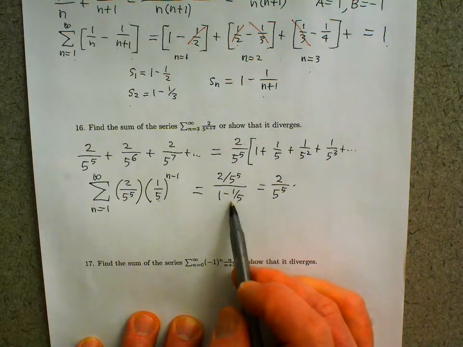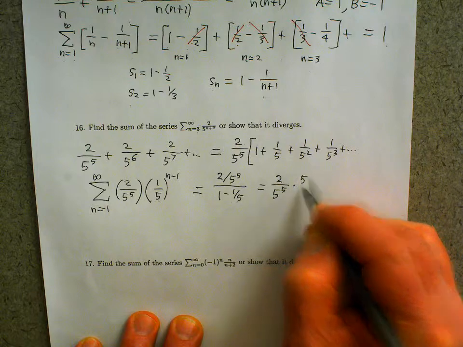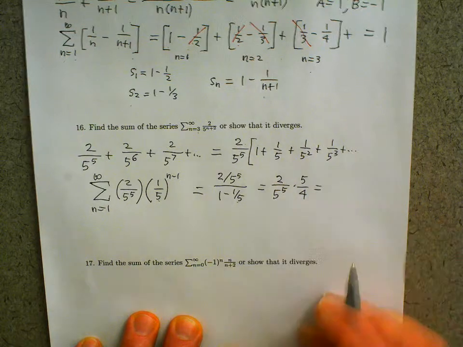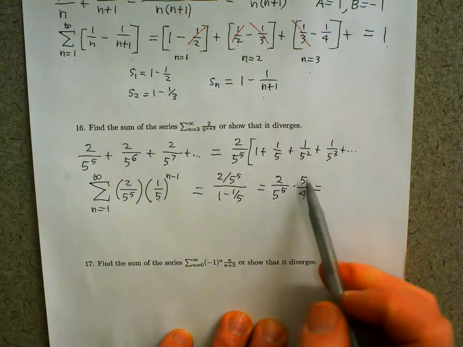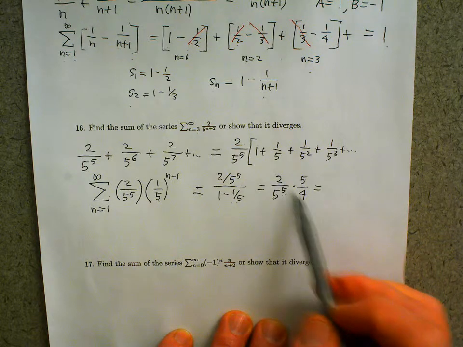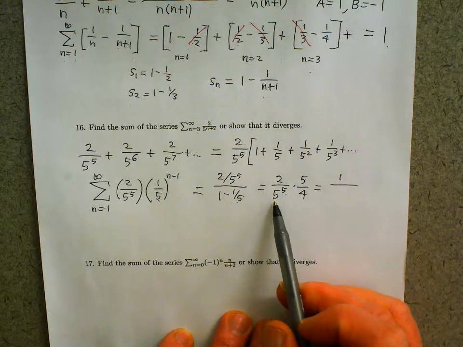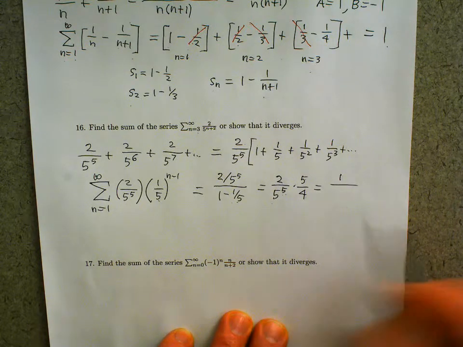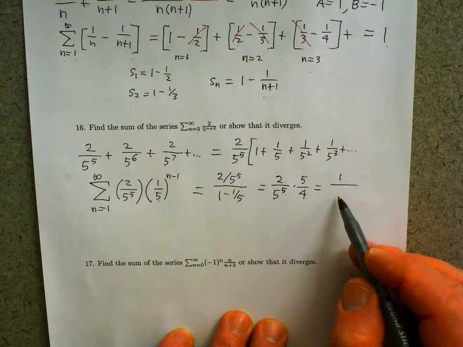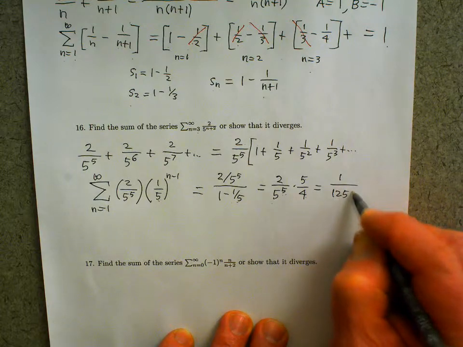Dividing by 4/5 is equivalent to multiplying by 5/4. So 1 factor of 5 cancels, 1 factor of 2 cancels, so we just get 1 over 5 to the 4th times 2, which is 625 times 2, or 1250.